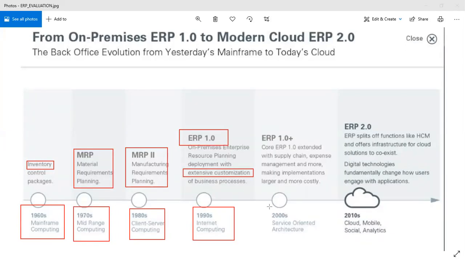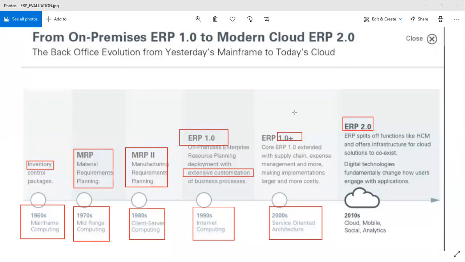Then in the 2000s, 2004, 5, 6, 7, like this, we got ERP 1.0 plus, and there actual supply chain and other things have been implemented in SOA, service oriented architecture. The internal architecture is service oriented. Now we are in the 2010s. Right now, 2020, ERP 2.0 is happening.